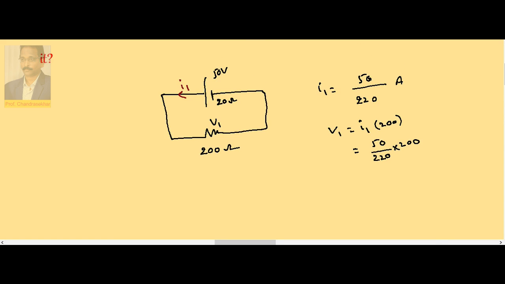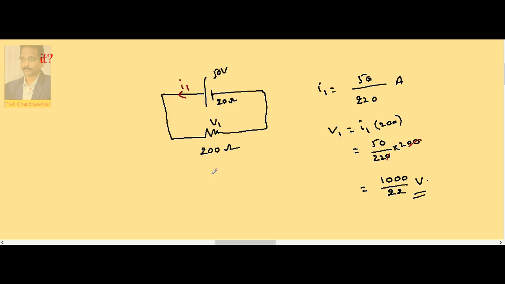If I cancel a 0, now this becomes 1000 by 22 volts. This is the reading of the expected potential difference across these two.